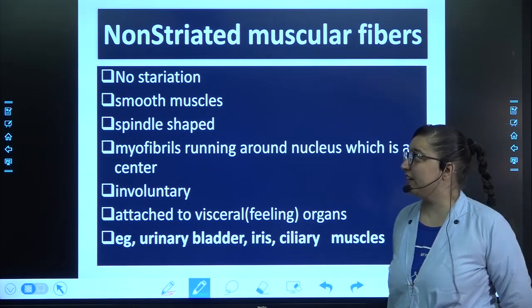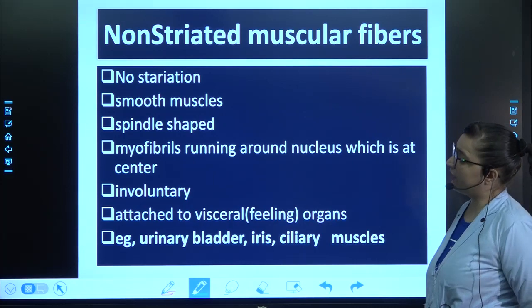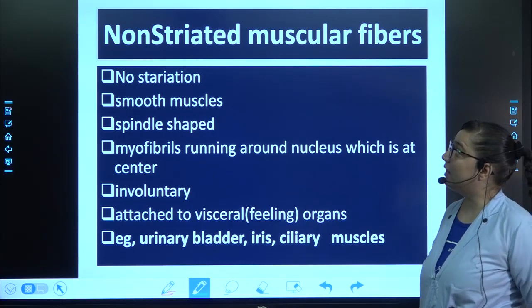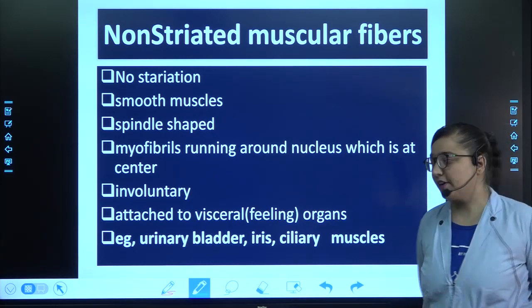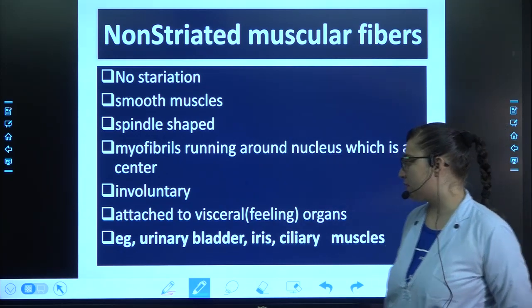No striations are there, muscles are smooth, spindle shaped, fibers are constantly running, and these are responsible for involuntary actions. And what are they attached with? All the visceral organs.